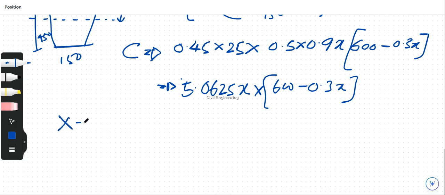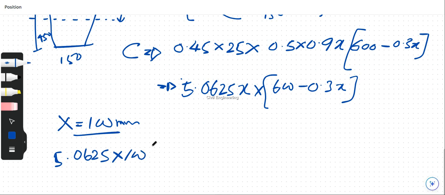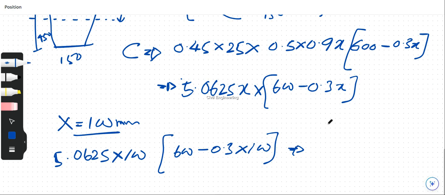First, we can assume that x is equal to some value. I take it as 100 millimeters. So the value is 5.0625 into 100 into 600 minus 0.3 into 100.